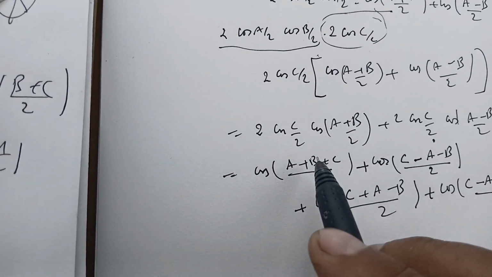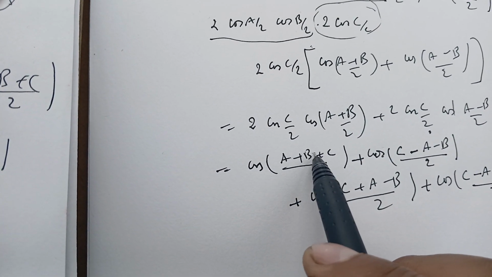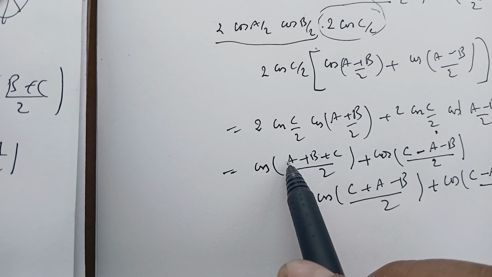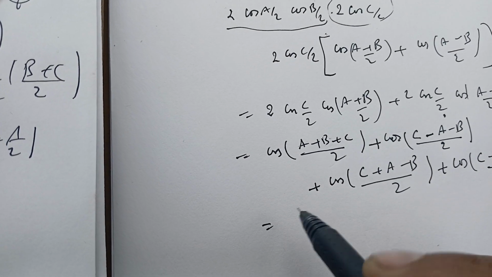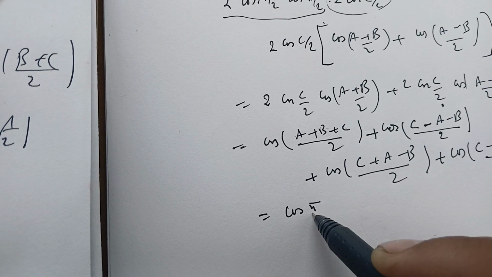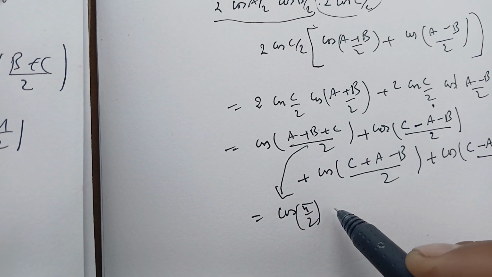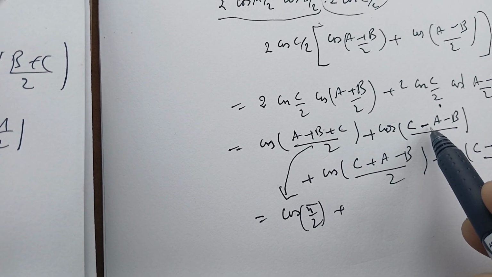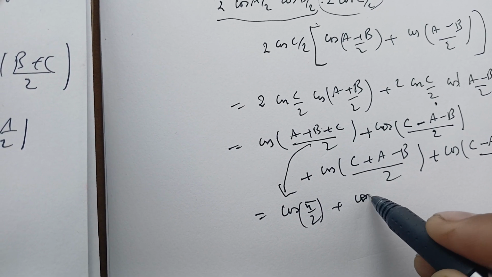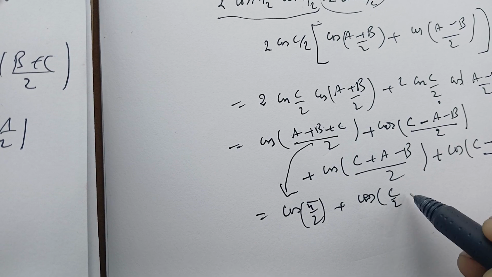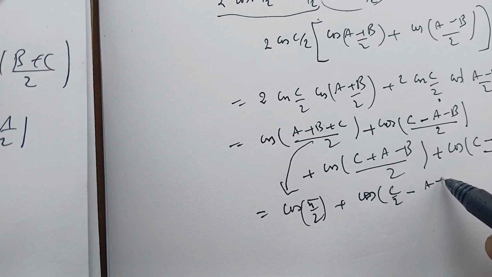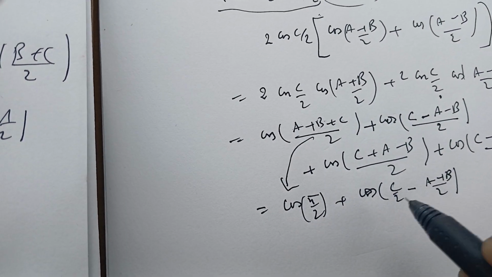Here we know that A plus B plus C is pi, so the cosine of pi over 2 is 0. Let me write it down. Cosine pi over 2 is coming from the first term. In the next one we have cosine of C over 2 minus A plus B over 2.